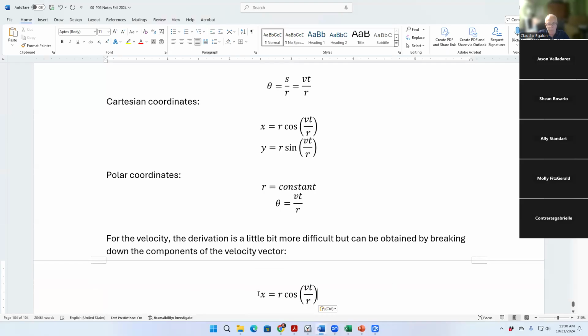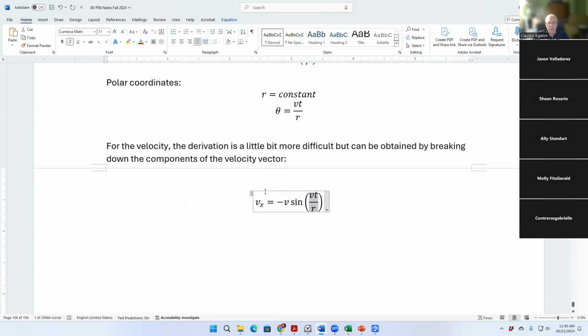V sub x is v, minus v sine of theta, right? And theta is what? Vt over r. Vt over r.